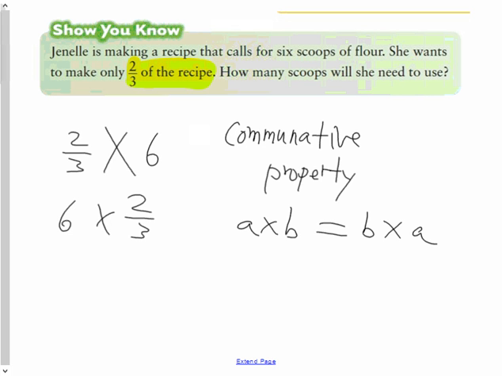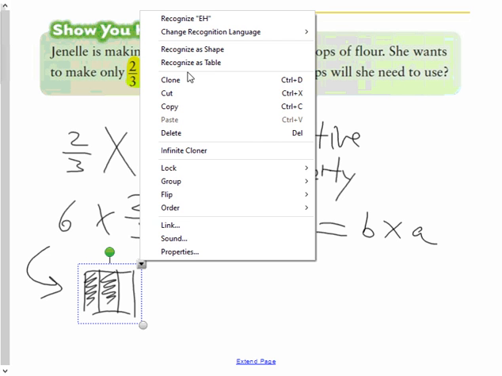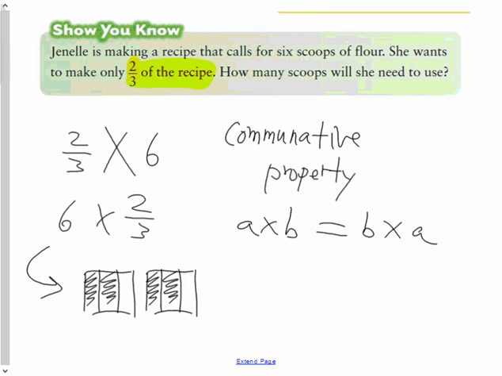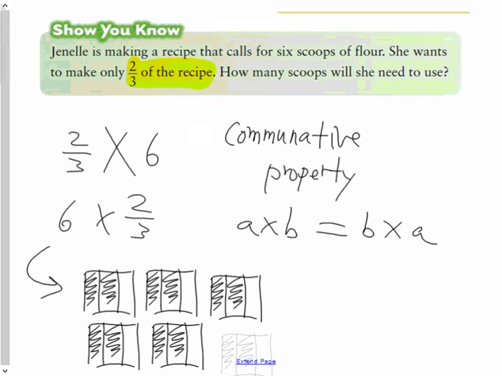Okay, so either way we think about it, if you wanted to model this particular question, you could say 6 groups of 2/3. So I'm going to model it this way and see what happens. How many scoops will she need? If I think about 6 groups of 2/3, and I draw my 2/3 of a cup like this, and I clone it, infinite cloner, 2, 3, 4, 5, and 6.